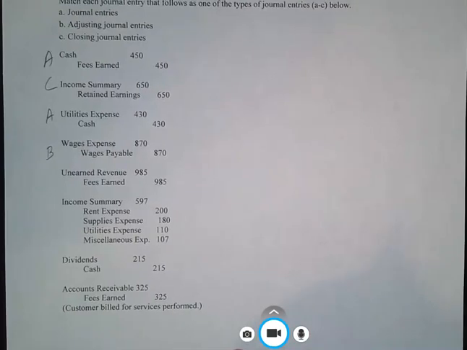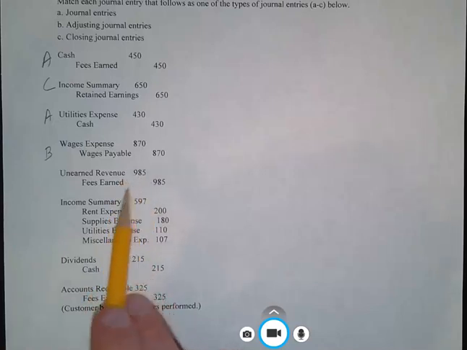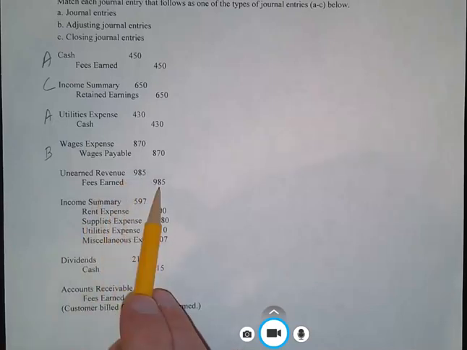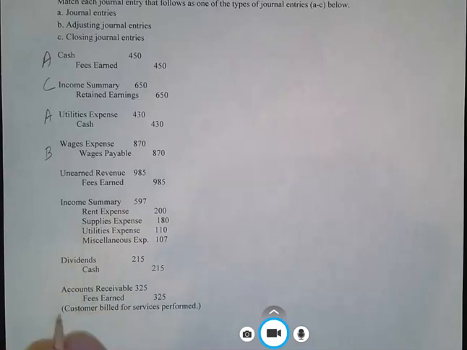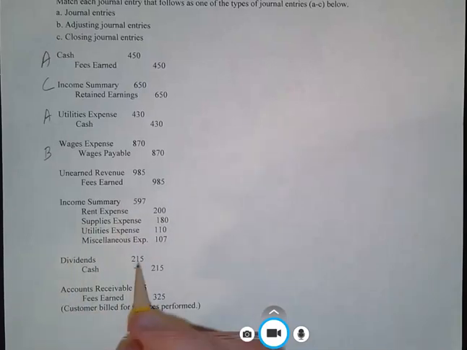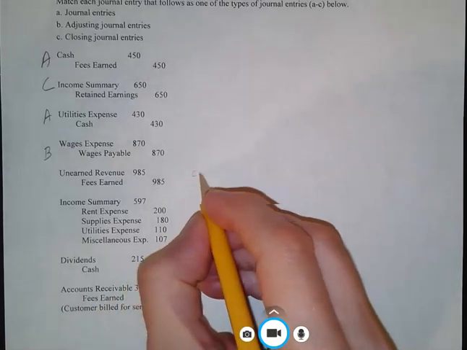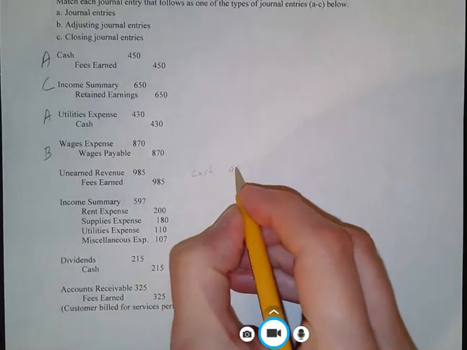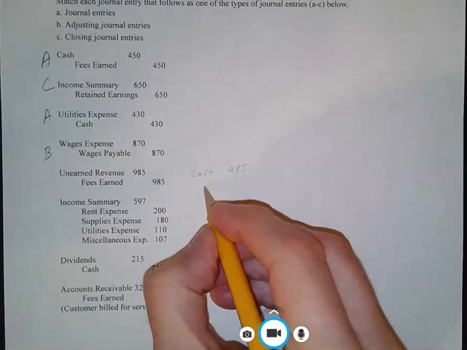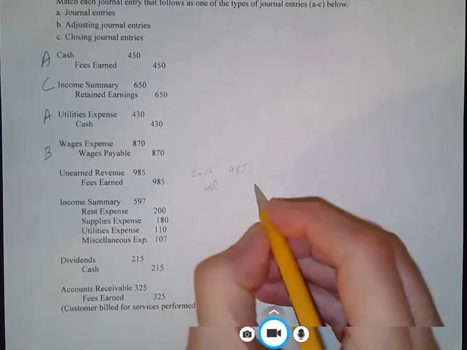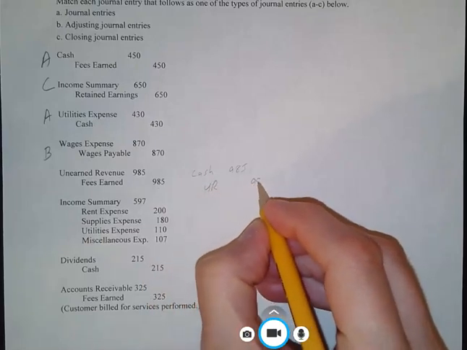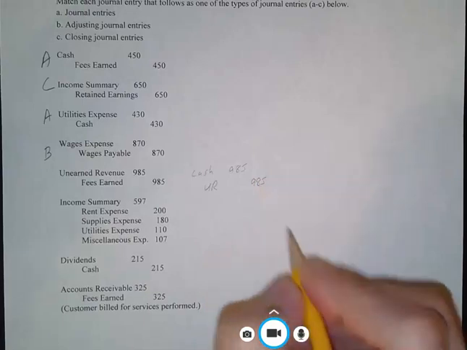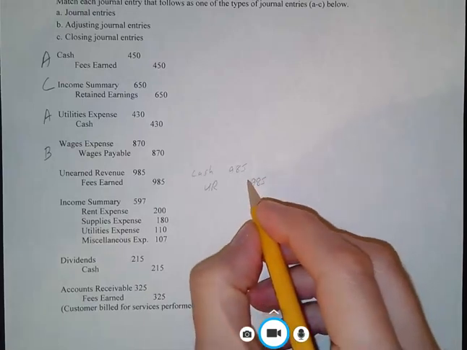Our next example has a debit to unearned revenue for $985 and a credit to fees earned. So we need to understand what happened here. We originally would have had an entry like this, cash for $985, and I'm going to just abbreviate unearned revenue $985. That would have been our initial journal entry.